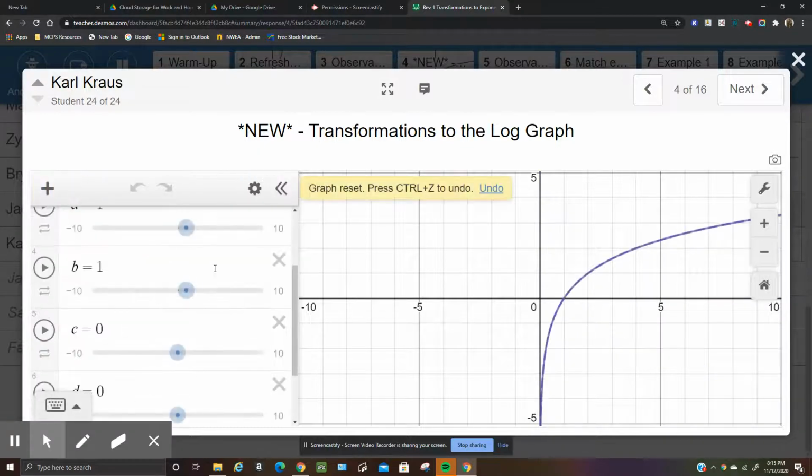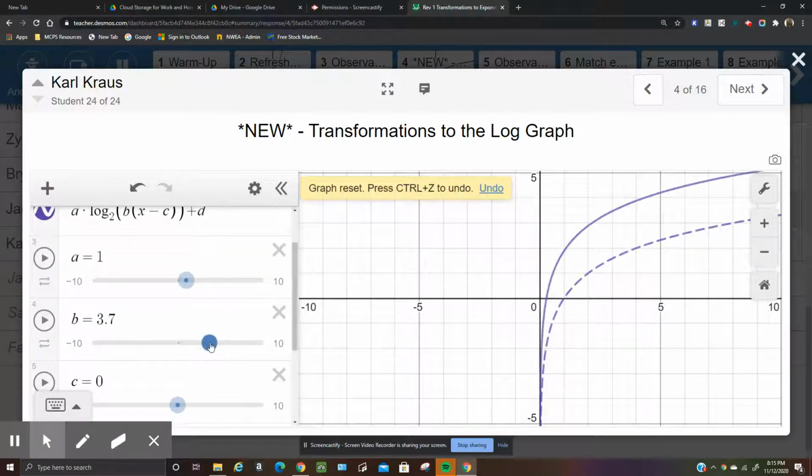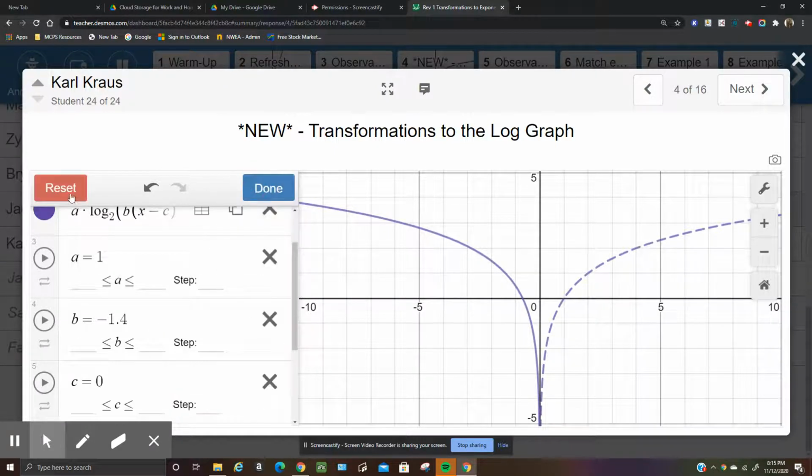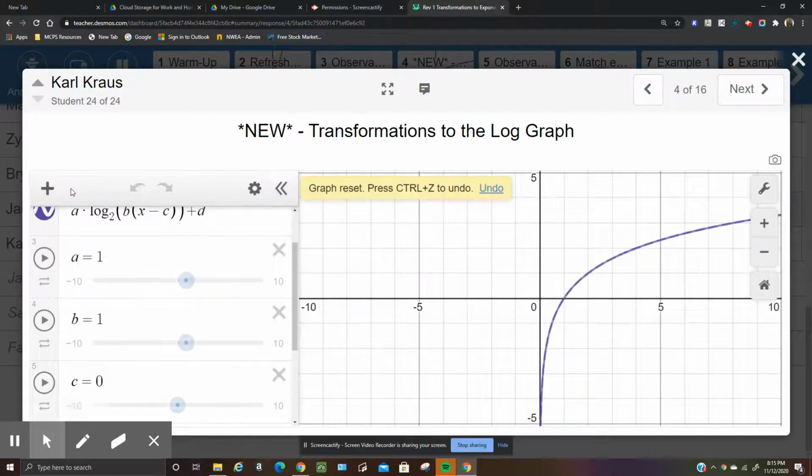So reset that. And then B is dilation with respect to y, or horizontal dilation. If B is negative, it's reflected over the y-axis, or horizontal reflection. We're going to reset everything.